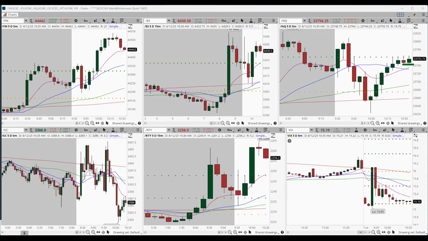I wish it would. Okay, now a different scenario because we have a little reversal candle here. What can happen here, I'm going to explain it. Hold on a sec. Okay, here we go. See this dotted line here? This is the line in the sand.